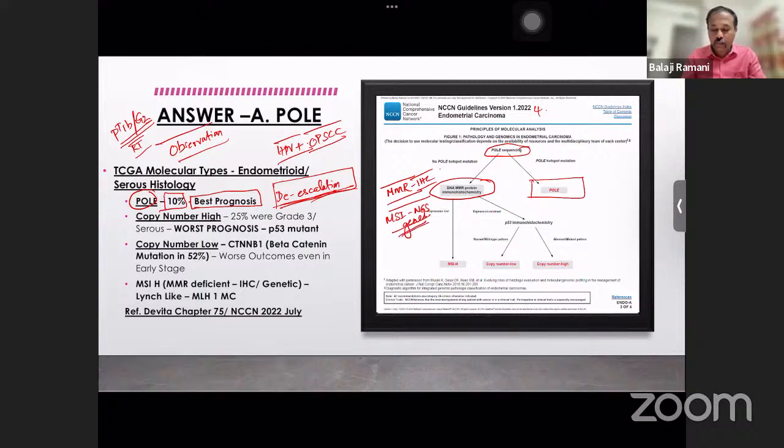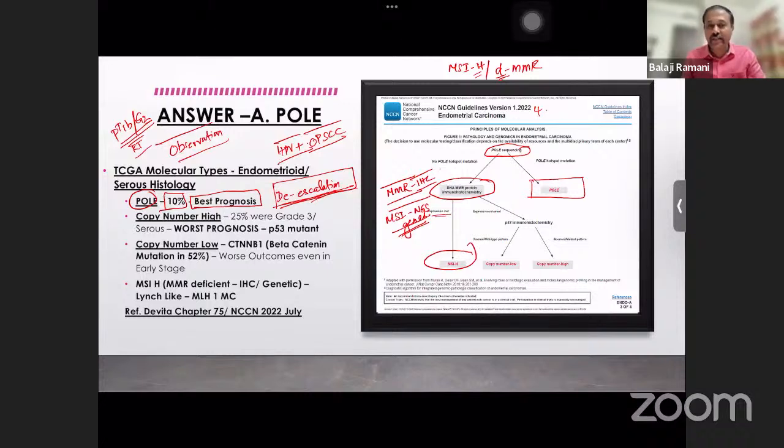Either one is fine. Whenever you talk about MSI high or DMMR, both of them mean the same thing: MSI high or DMMR, which means deficiency in MMR. So either of the two essentially means the same. You call it that when the expression of MMR is lost.